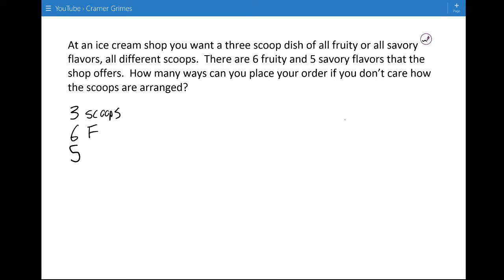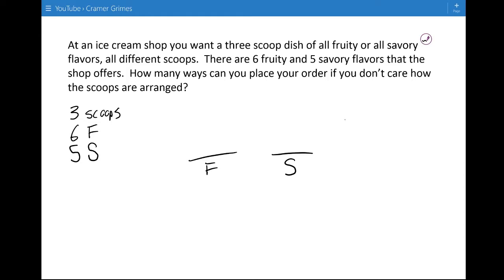Okay. Now here, there's an option. I either want my 3 scoops to be fruity, or I want them to be savory.